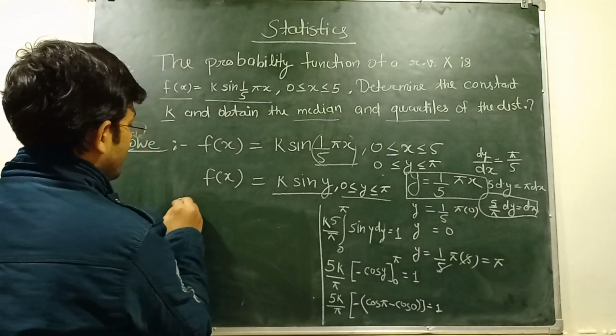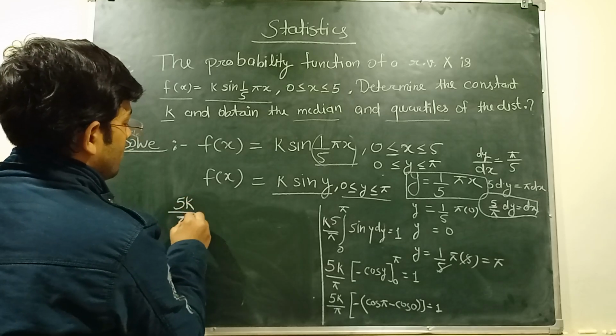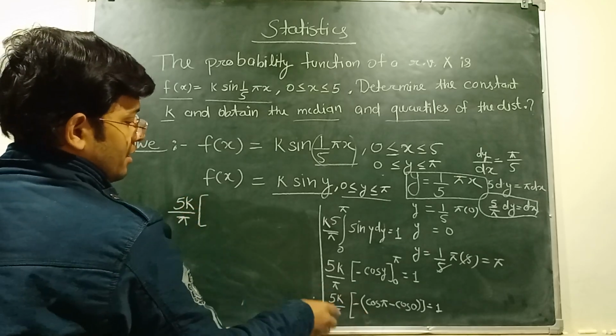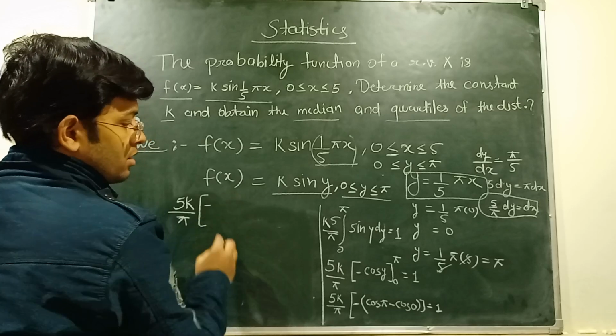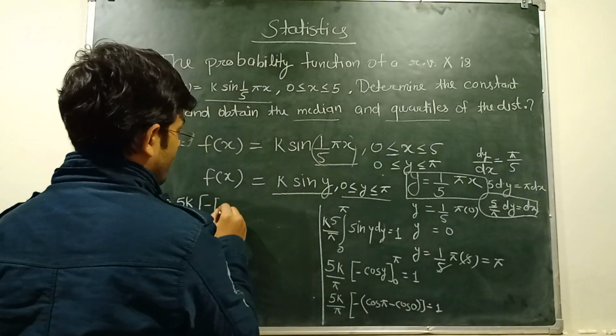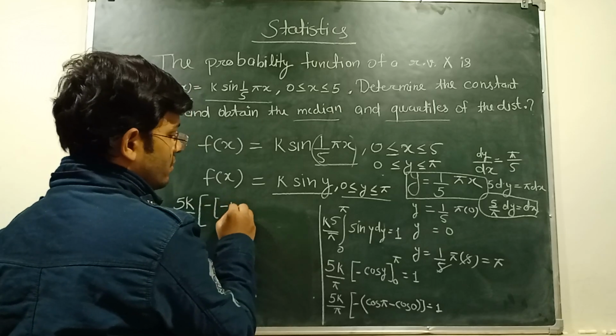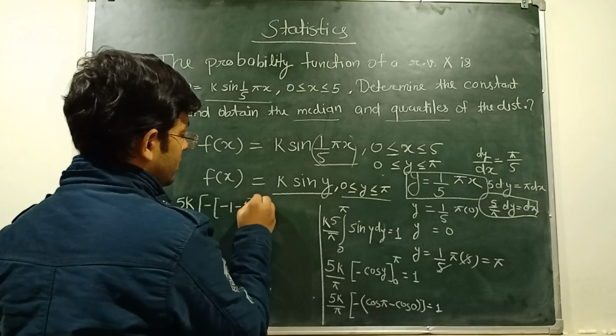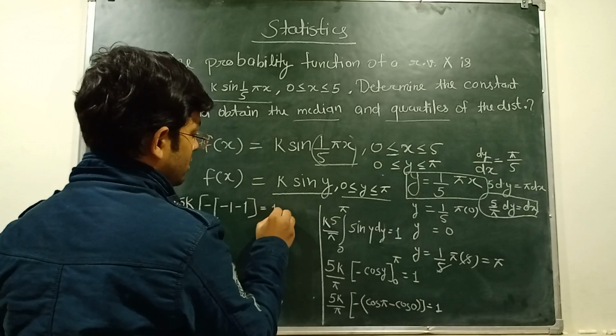So 5k on pi, and minus, because the limits are 0 to pi, the value of cos pi is minus 1, and cos 0 is equal to 1.